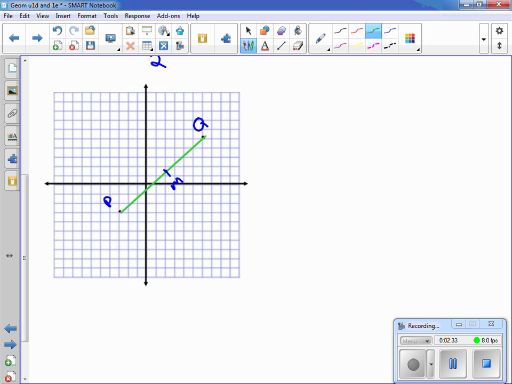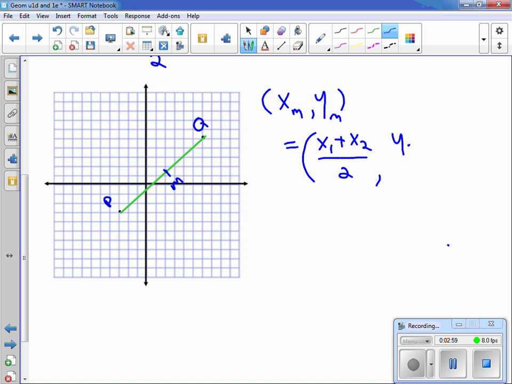I'm going to express them in terms of your midpoint x coordinate and your midpoint y coordinate, and this is all going to equal x1 plus x2 divided by 2, and y2 plus y1 divided by 2.